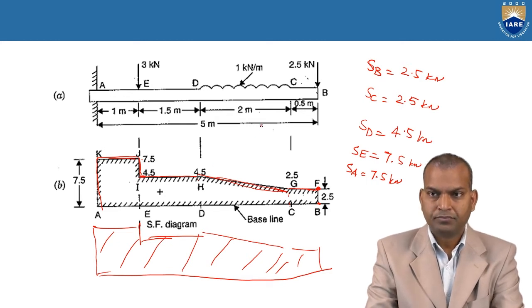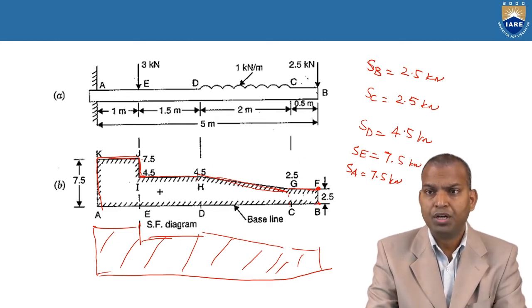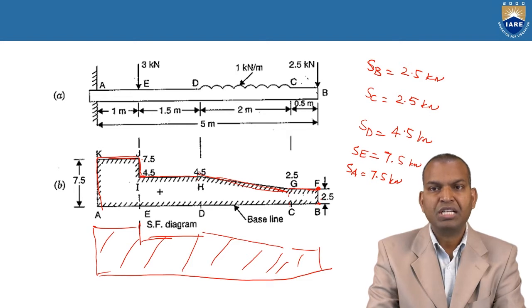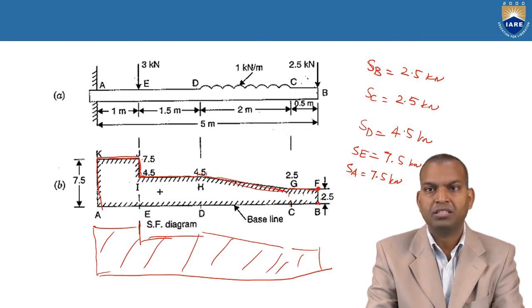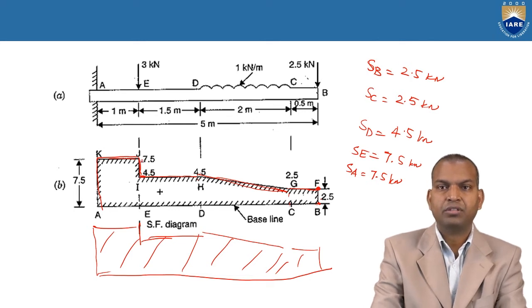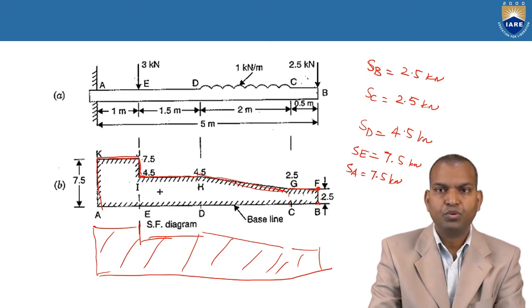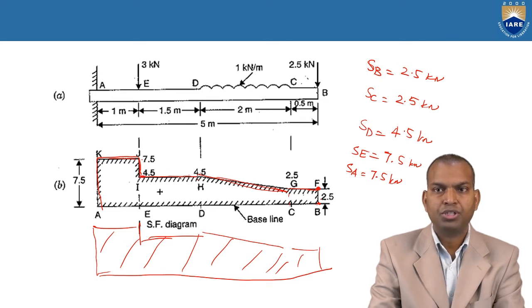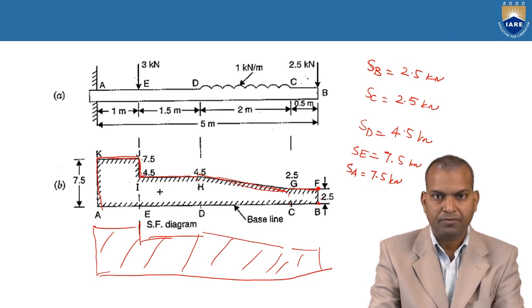Now here, at point B it is 2.5, and from point B to point C it is constant, but from point C to point D it is varying. How much? 2 kilonewtons increasing from point C to point D. That's 2 plus 2.5, 4.5. From point D to point E, it is constant at 4.5.